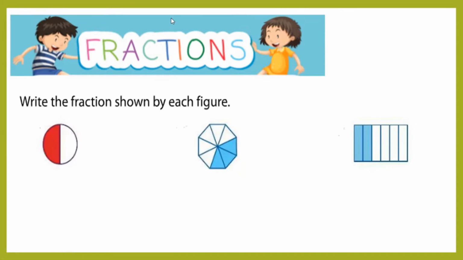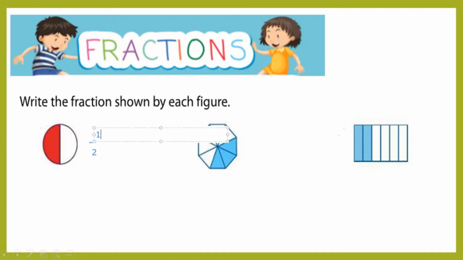At first, I will draw a fraction bar like this. This is called a fraction bar. And count how many parts in all. We have two parts. I will put 2 down. After that, how many parts are shaded or colored? Only 1.